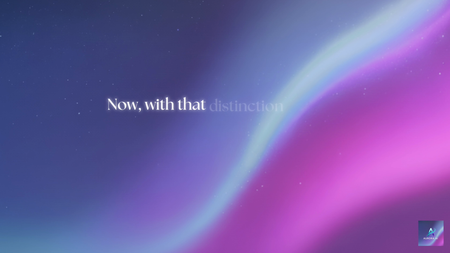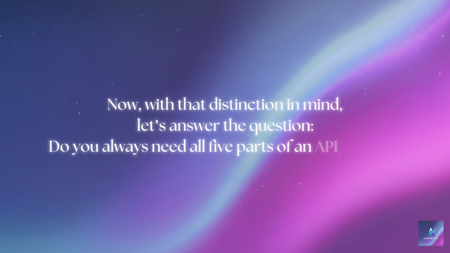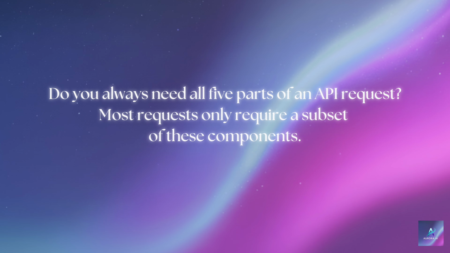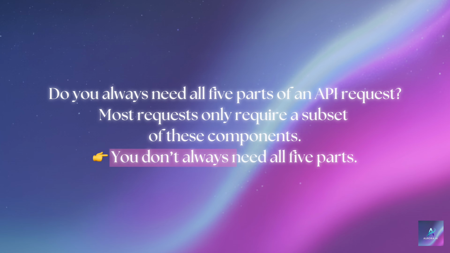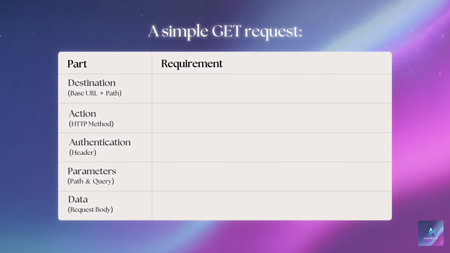Now, with that distinction in mind, let's answer the question: do you always need all 5 parts of an API request? Here's the nuance. Most requests only require a subset of these components. You don't always need all 5 parts. For a simple GET request, where you're only retrieving data, you typically need destination, yes, action, yes, authentication, yes, path parameters, yes.